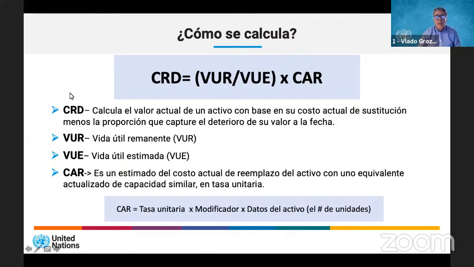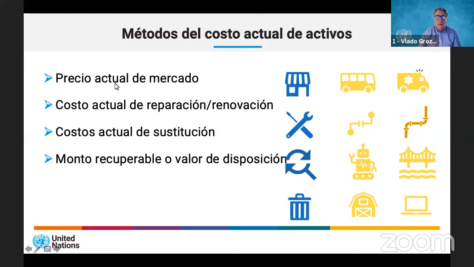But let's see now how current replacement costs can be estimated. There are 4 types. The first one is current marketplace. It applies where there is an active market for that product.